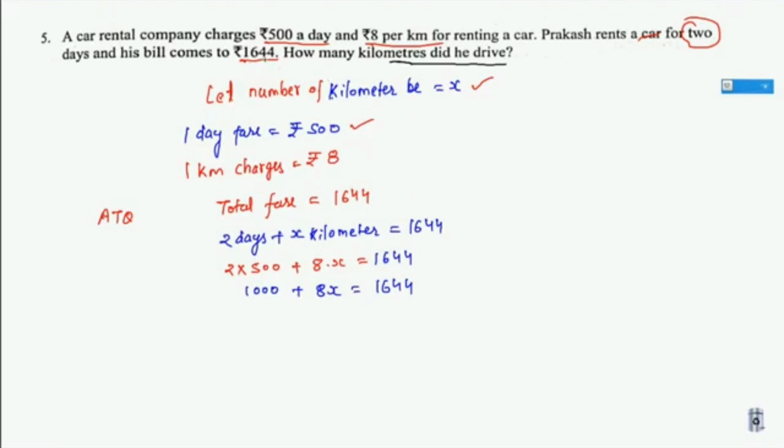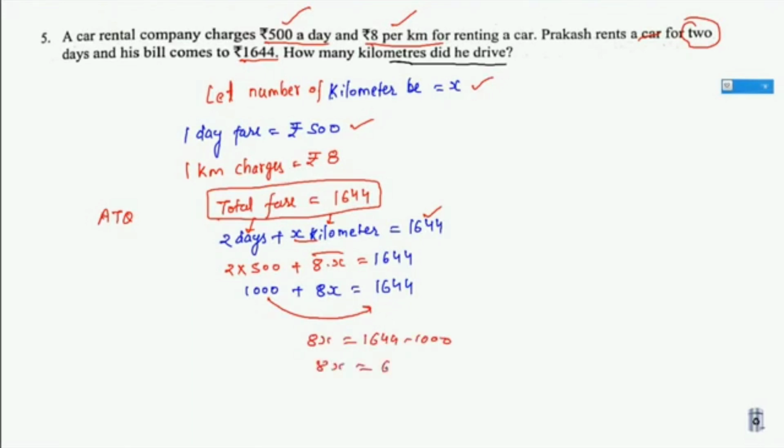We will suppose the number of kilometers be x. One day fare is rupees 500. One kilometer charge is rupees 8. So total fare it is given 1644. So it is given in the question, 2 days plus x kilometers is equal to 1644. 2 days means 2 into 500, this is the charges per day, and rupees 8 per kilometer for renting a car.